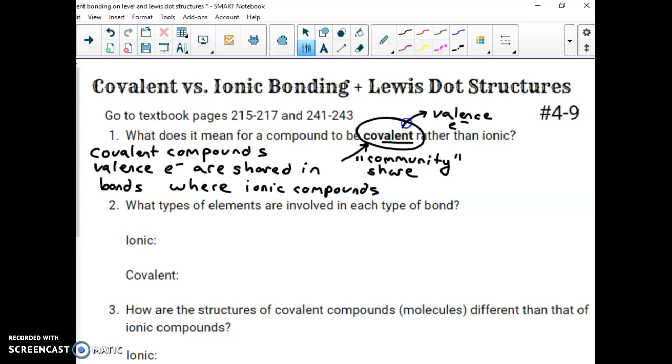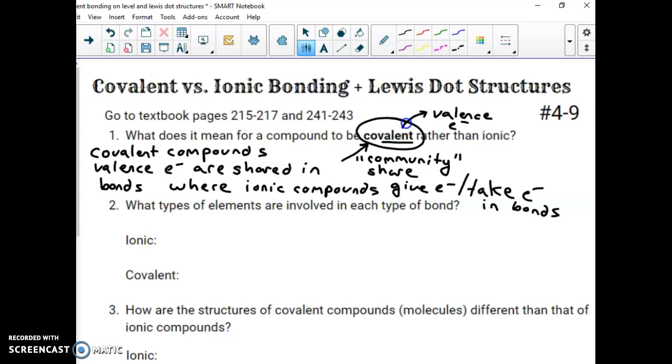So one element is going to give, your cation, and take those electrons, the anions take them in their bonds. So different situations, still a way to get elements to bond to each other.